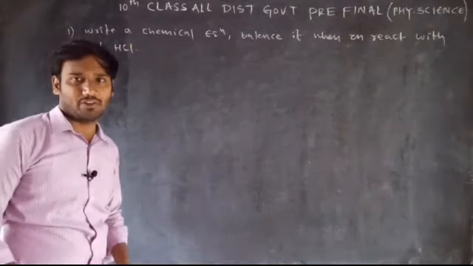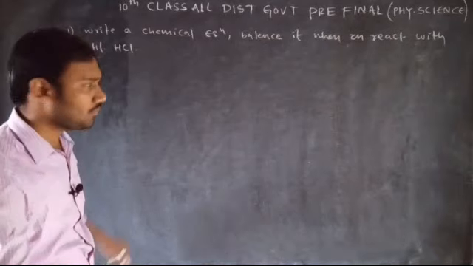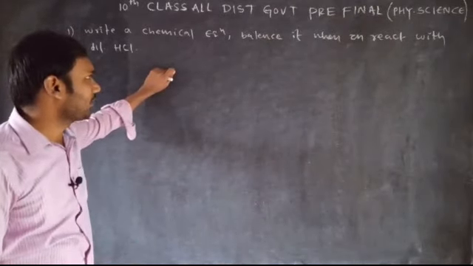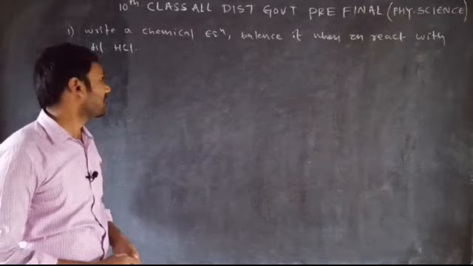This is the question given for 2 marks. So what is he asking? Write a chemical equation and balance it when zinc reacts with hydrochloric acid.